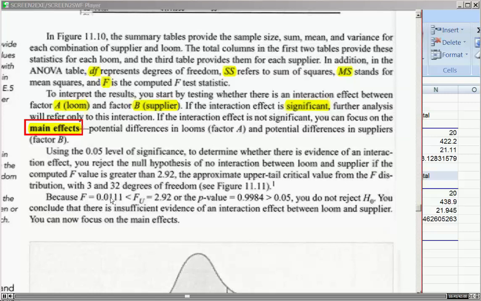Because F of 0.0111 is less than the critical value, 2.92, or the p-value is close to 1, it's 0.99, which is greater than 5%, you do not reject H0.